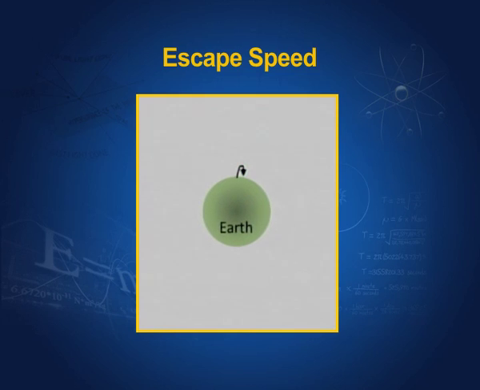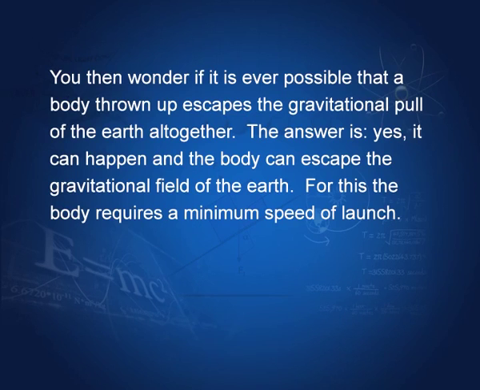You throw with a higher speed, it again comes back. If you throw with a still higher speed, it might go into an orbit around the earth, but it will be still bound to the earth. This orbit is within the gravitational field of the earth. So, how can we release the body from the gravitational field?